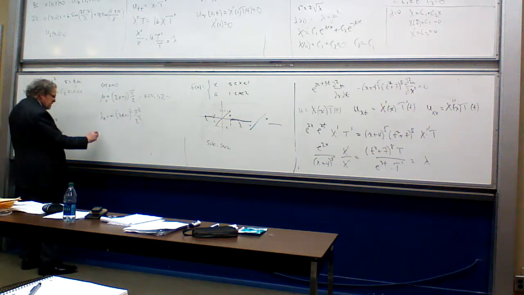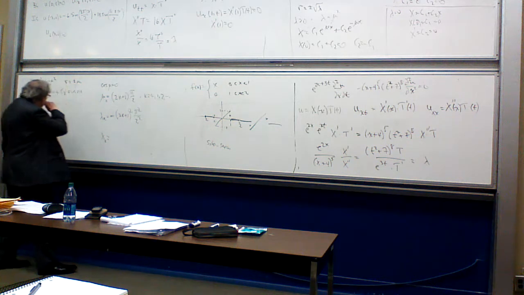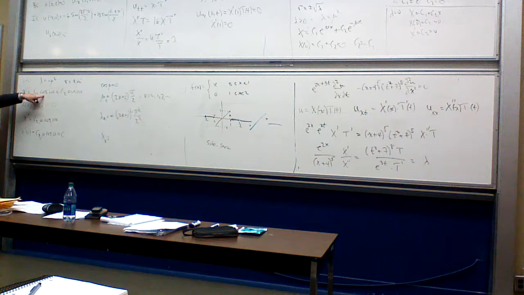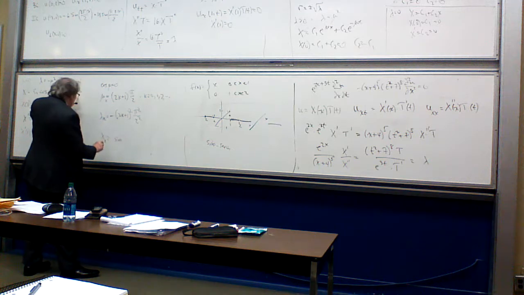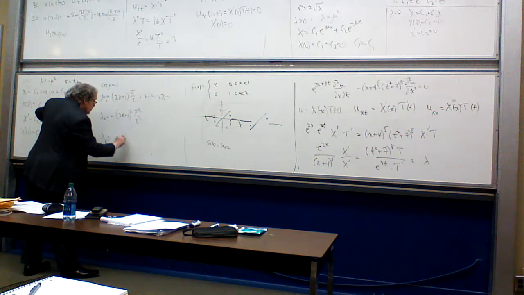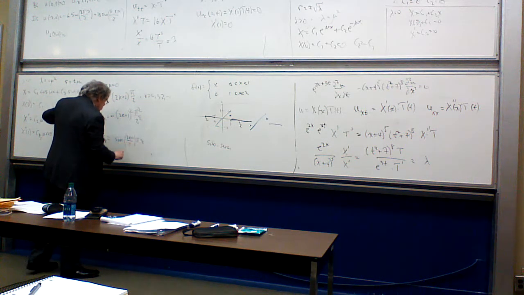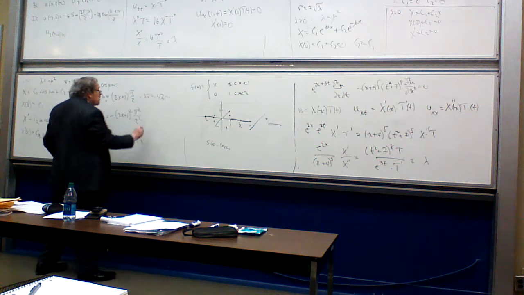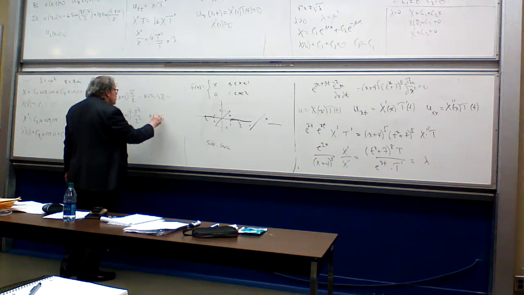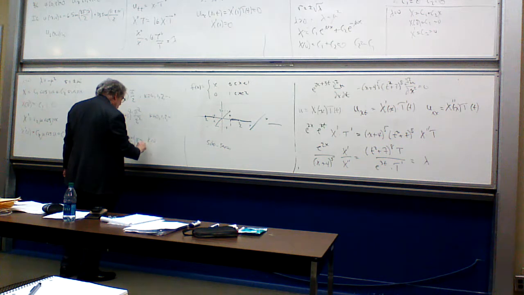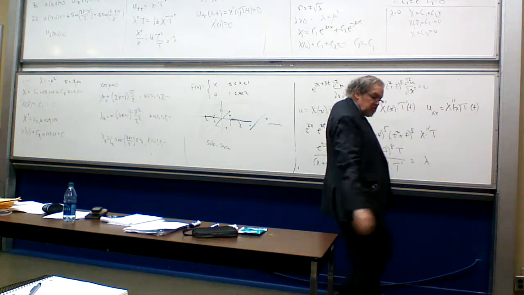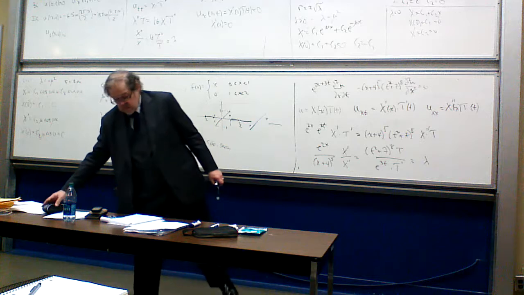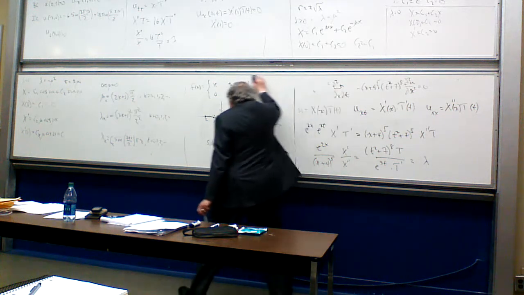And corresponding X: the cosine went away. The solutions are coming from the sine. Mu here is 2k plus 1 over 2 pi, times x, with a constant, for various values of k.